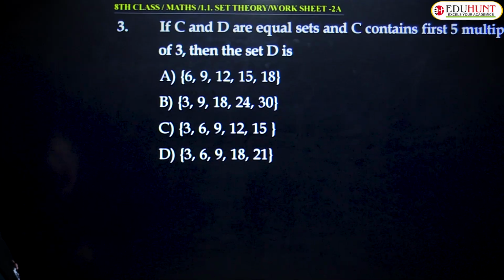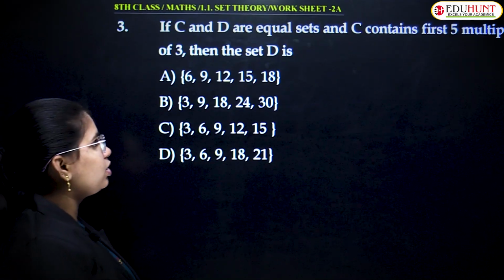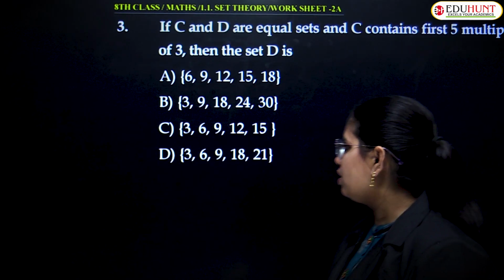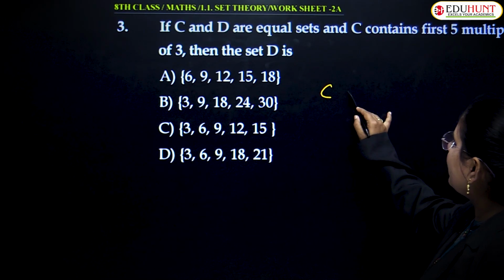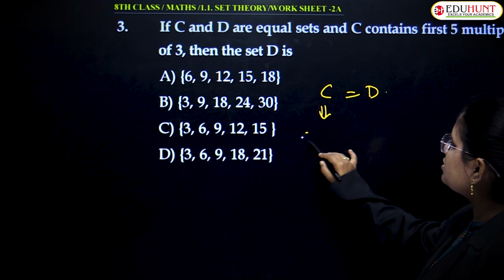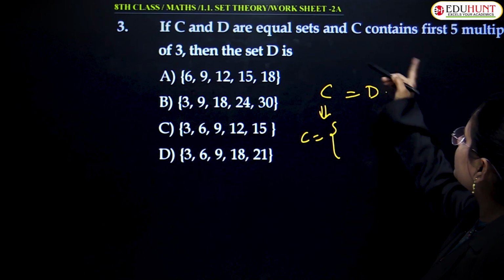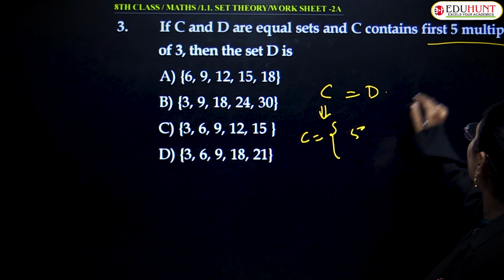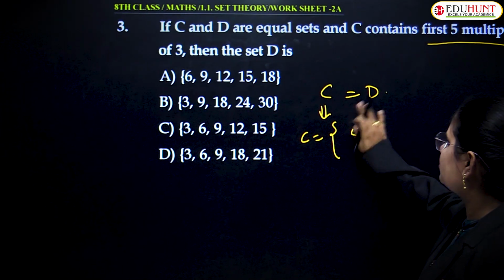What is question number 3? If C and D are equal sets, and C contains the first 5 multiples of 3, right?